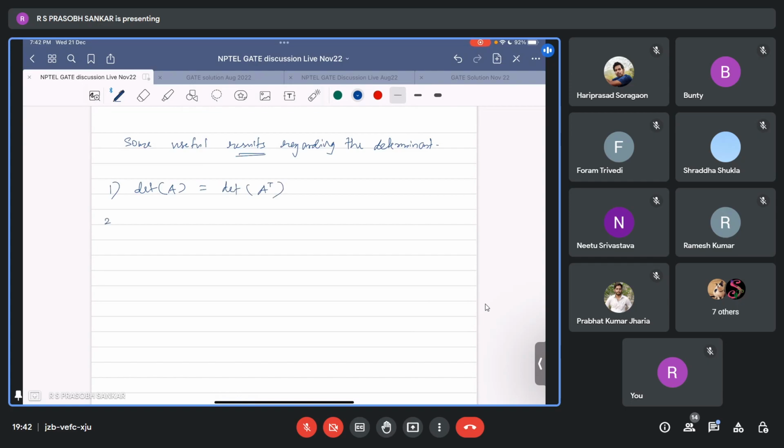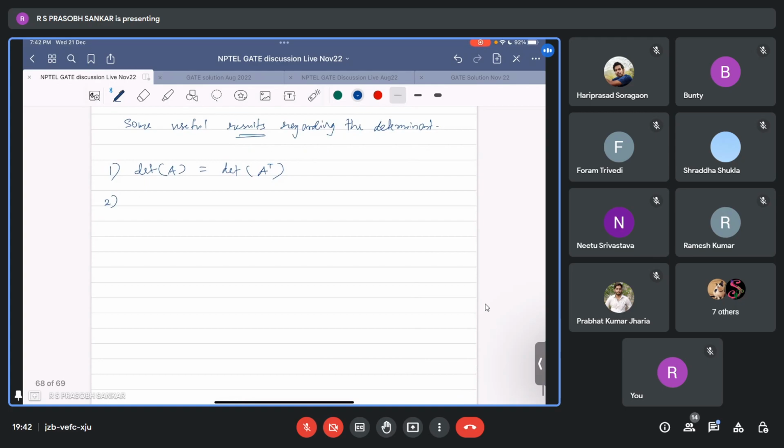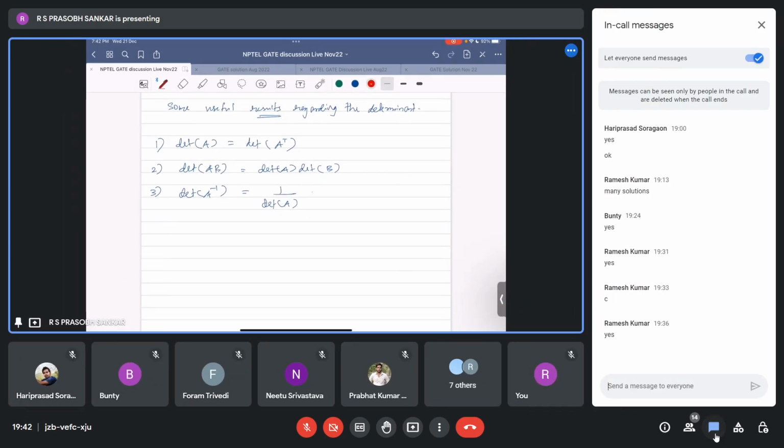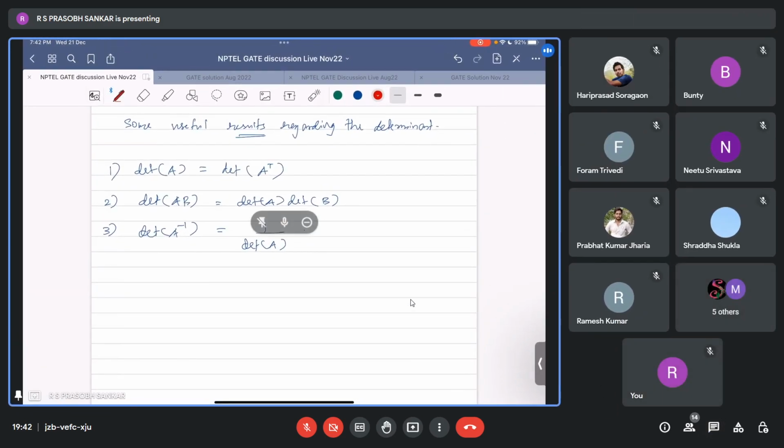The second result, which is kind of interesting, is that for square matrices, the determinant of AB is the same as the determinant of A times the determinant of B. And there is another nice result that says the determinant of A inverse is 1 by the determinant of A. I think these three results are already familiar, maybe from 12th standard or somewhere during the B.Tech. These are the three results regarding determinants.